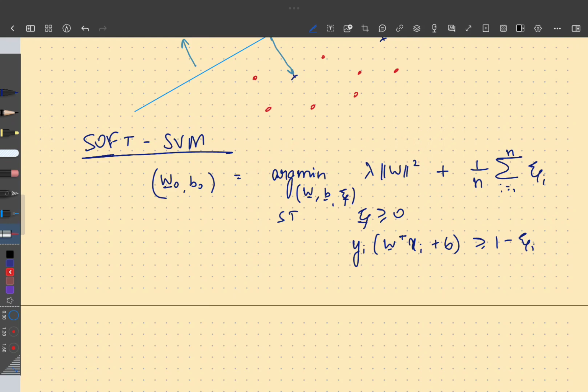Now, if there exists no solution where all of these components xi i are equal to 0, then some of them could be strictly positive. And you try to minimize the normalized sum of these penalties, so to speak.